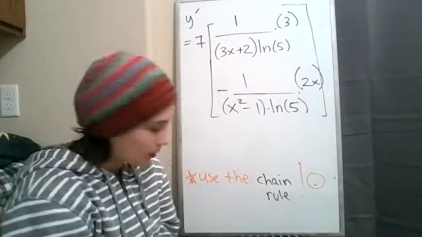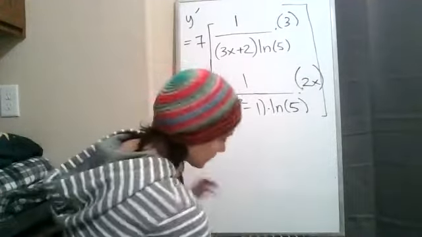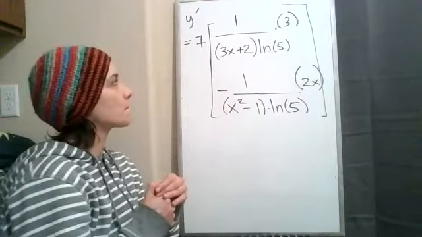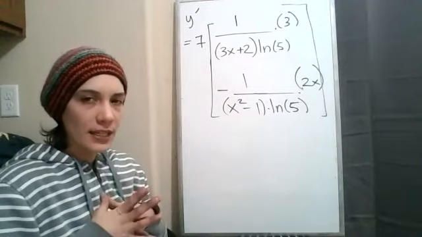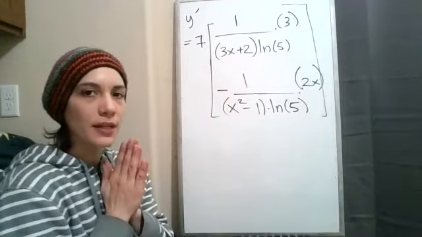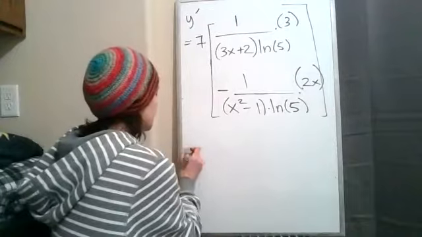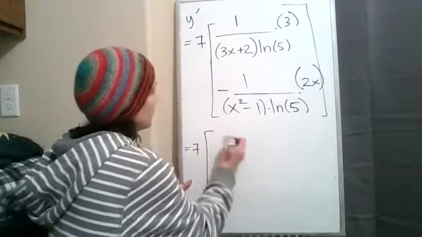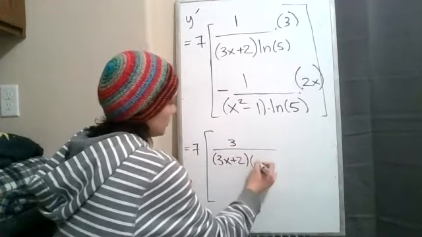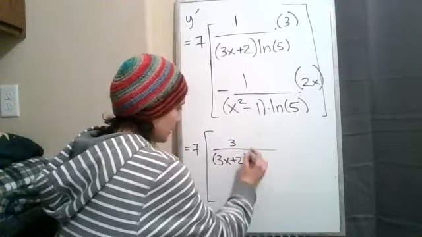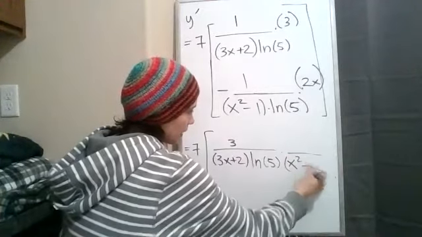I did simplify the problem though, so let's do this. So we want to get a common denominator, which would be 3x plus 2 times ln of 5 times x squared minus 1. So this would be 3x plus 2 times ln of 5, and we need that x squared minus 1.